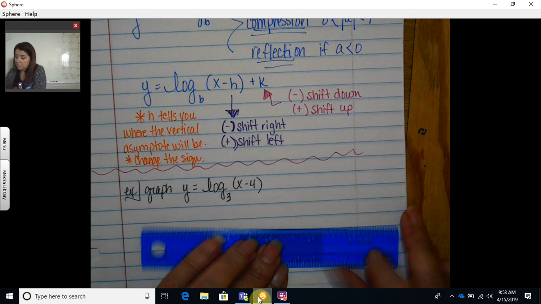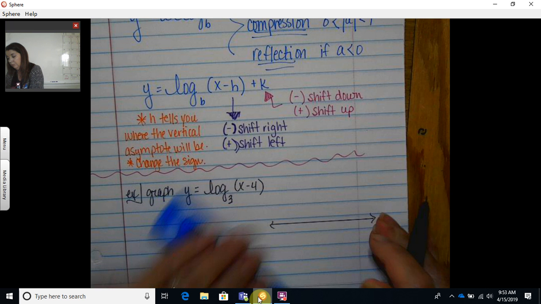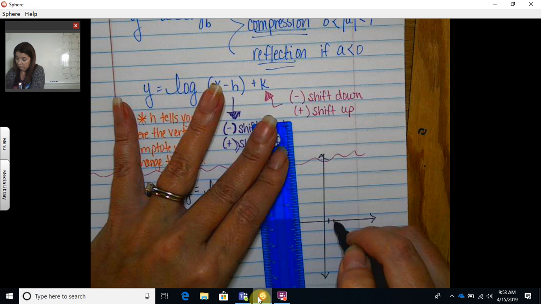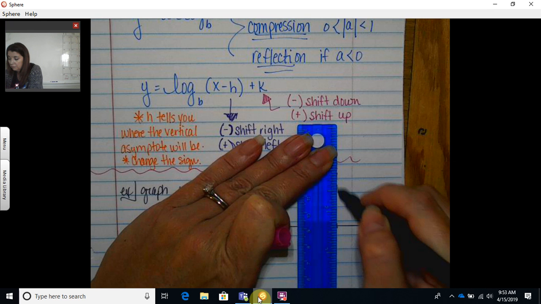So we're just going to do a quick little graph. So that's where the asymptote's going to be.